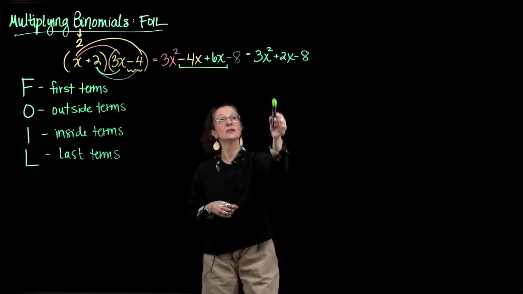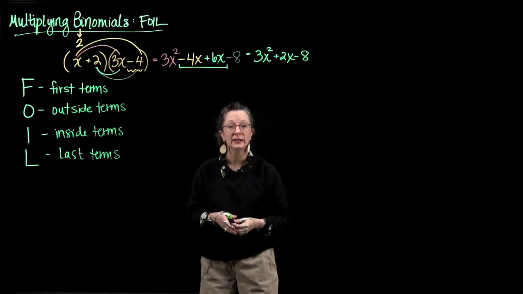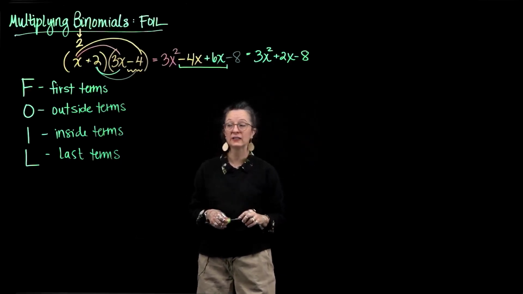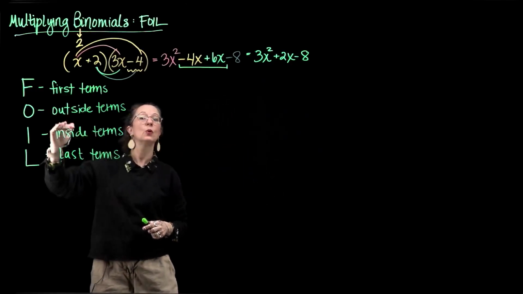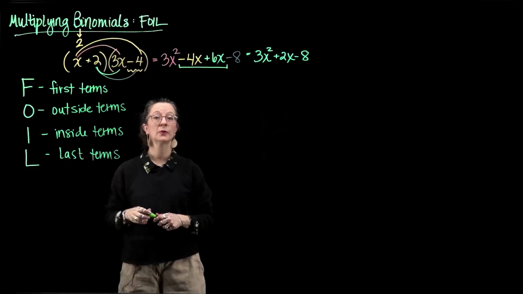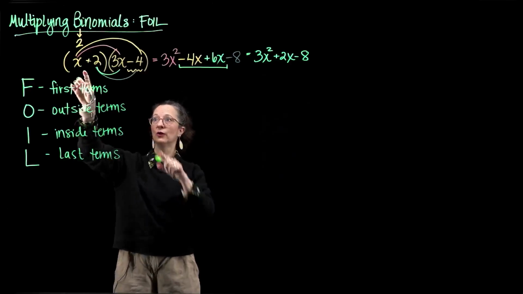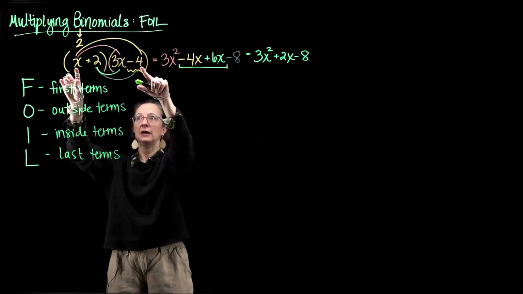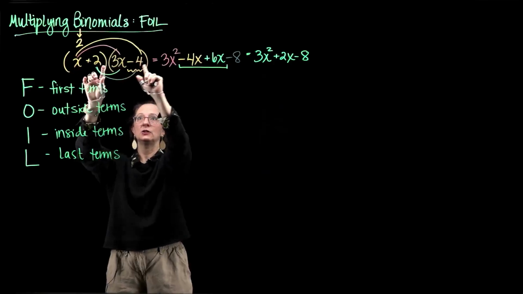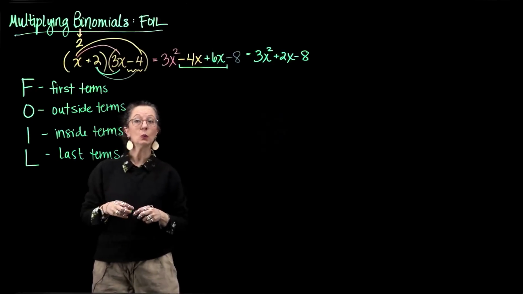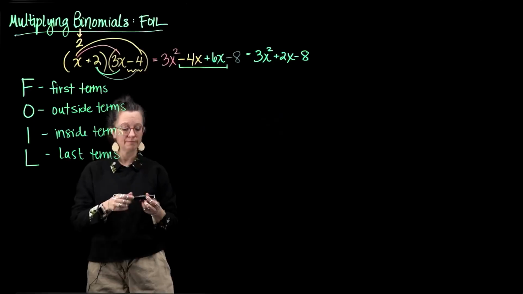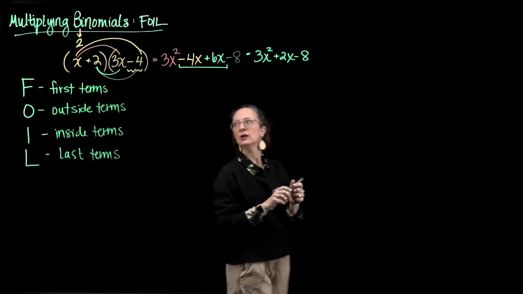That one's complete. There's no like terms to combine, and so that would be our final answer. All right, so with FOIL, this just gives us an organized way to approach that multiplication. The first terms, outside terms, inside terms, and last terms. Let's look at one more, just to get some practice here.